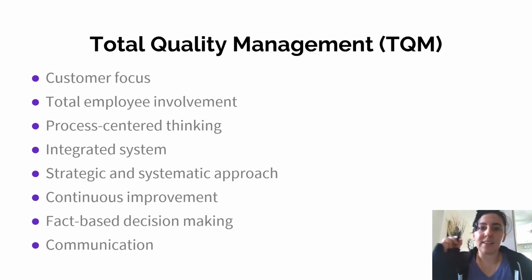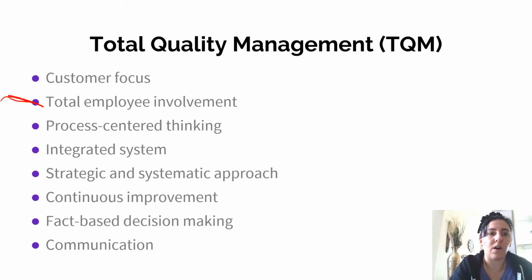All right, so this type of quality management is very customer focused, very customer oriented. Like I said, they involve the employees a lot. Every employee has to be committed, right?